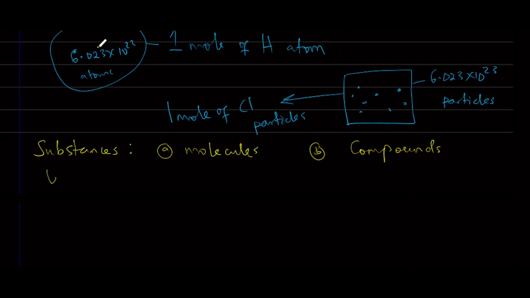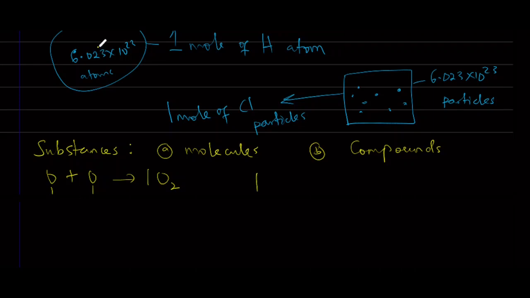For example, oxygen plus oxygen will give us O2. This O2 is a molecule. It is formed by 1 oxygen atom and another oxygen atom, 2 oxygen atoms combined together to give us 1 molecule of oxygen.